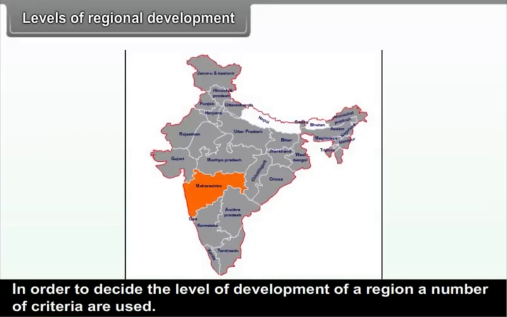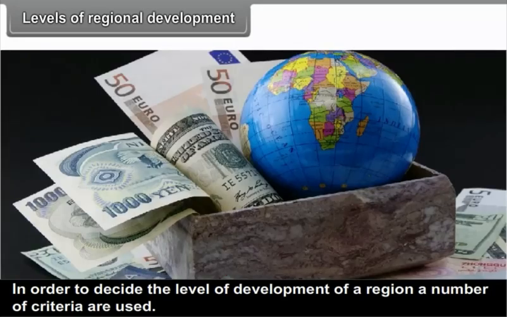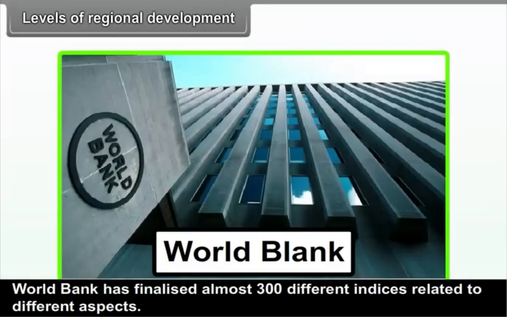Levels of regional development. In order to decide the level of development of a region, a number of criteria are used. At international level, in order to decide the level of development of various nations, the World Bank has finalized almost 300 different indices related to different aspects.